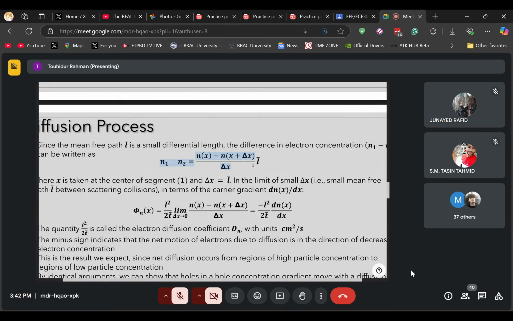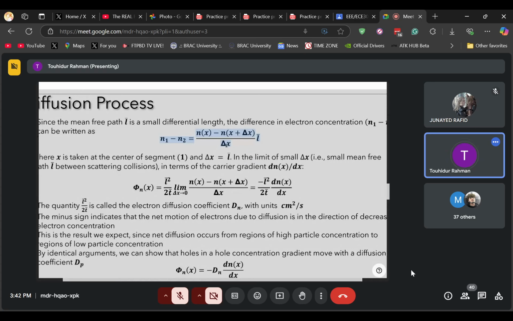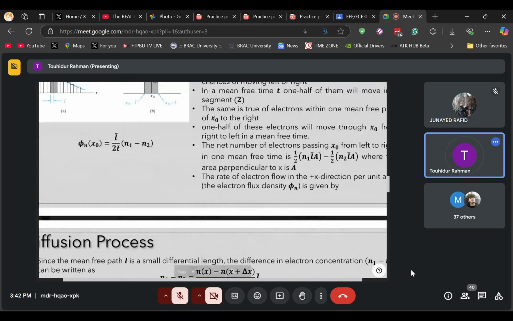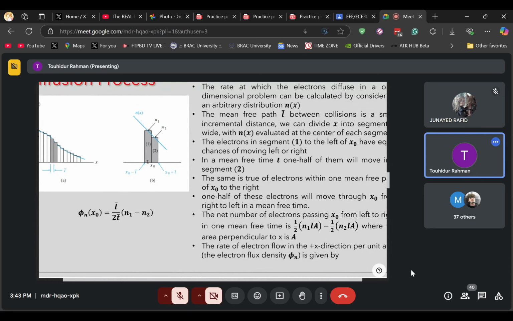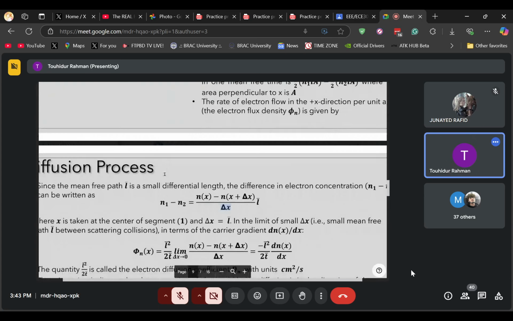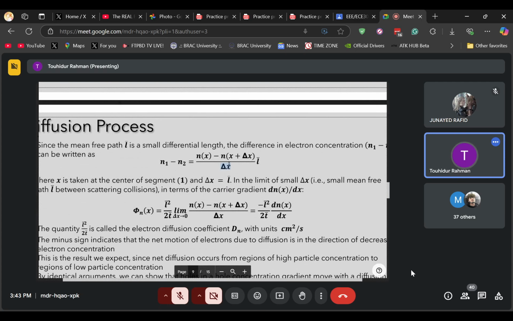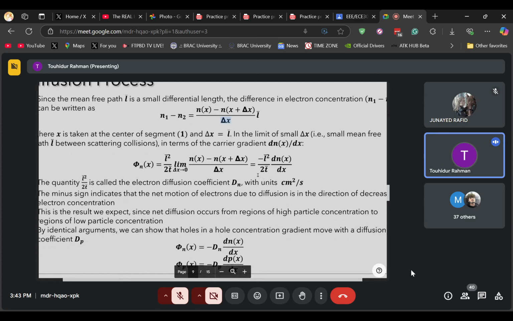Now, this is a simple differential concept. I think you already know it. Why do we call it delta x? Because of the difference of length: the change of carrier concentration over the length delta x. If we take delta x tends to 0, to make it a derivative from the difference, we can write this equation.